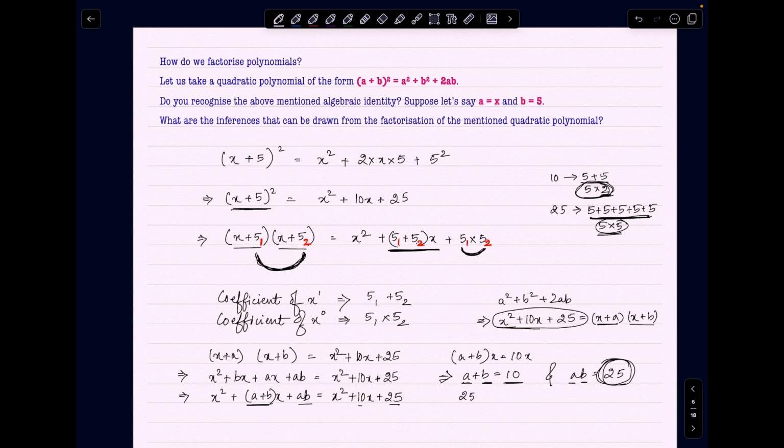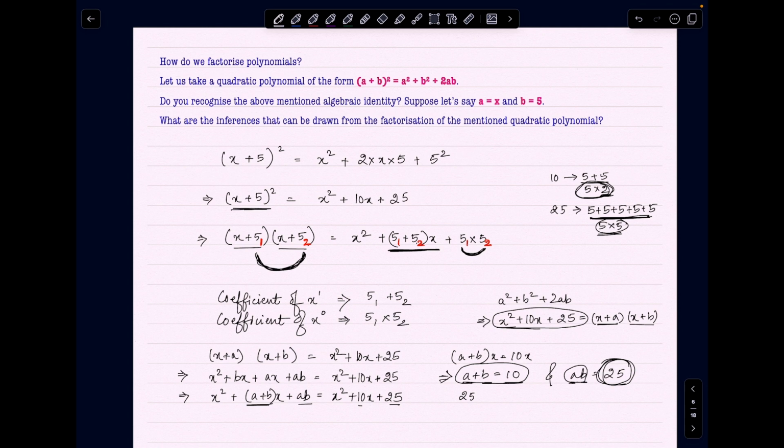See, we have to find the factors of 25. There are actually two methods. This is one equation actually, a plus b equals 10 and ab equals 25. One method, finding the values of a and b directly, I will tell you in the last example.